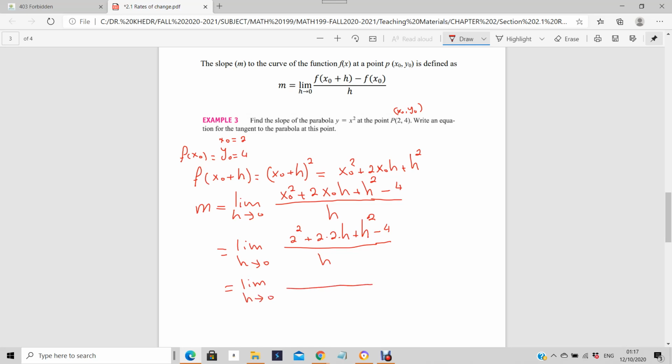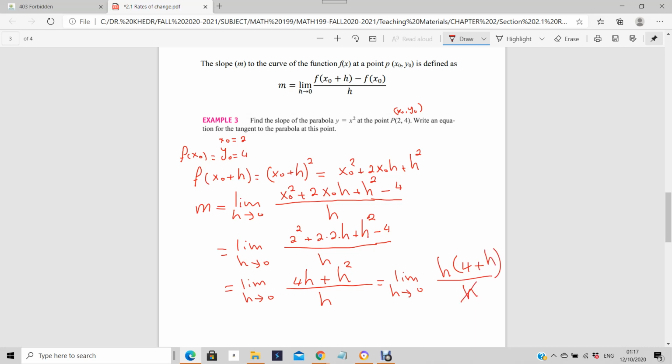Here 4 minus 4 is 0, and we will have 4h plus h squared divided by h. In the numerator we can take h as a common factor, then we will have 4 plus h, and down we have h.